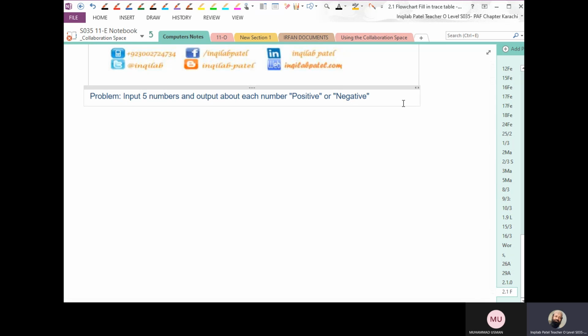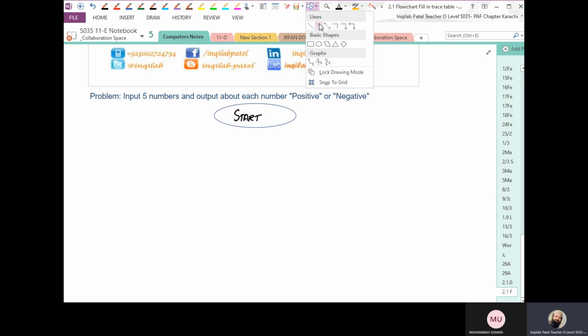So we need to draw a flowchart for that. For that flowchart, what will we do? We will use this symbol at the beginning, and we say that this is start. Then, as we are asked to input 5 numbers, we need to count how many numbers we have input, and for that we use a counter.